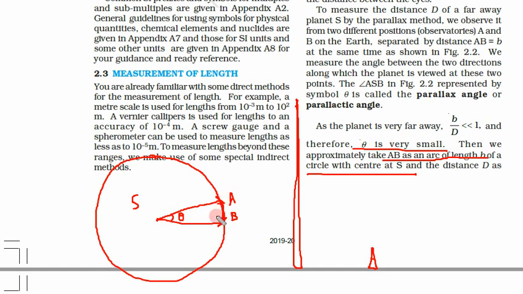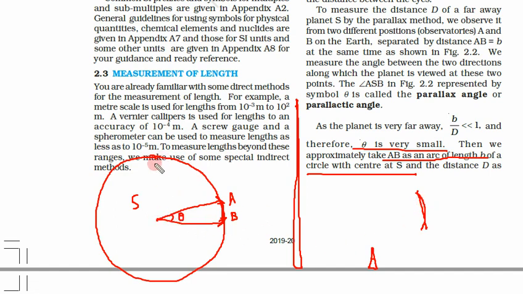This is the phenomenon that makes the Earth look flat to us, and we are using the same phenomenon. This curve looks flat because its length is very small in comparison to the radius of the sphere, so we can consider this curve as a straight line for a very small angle.